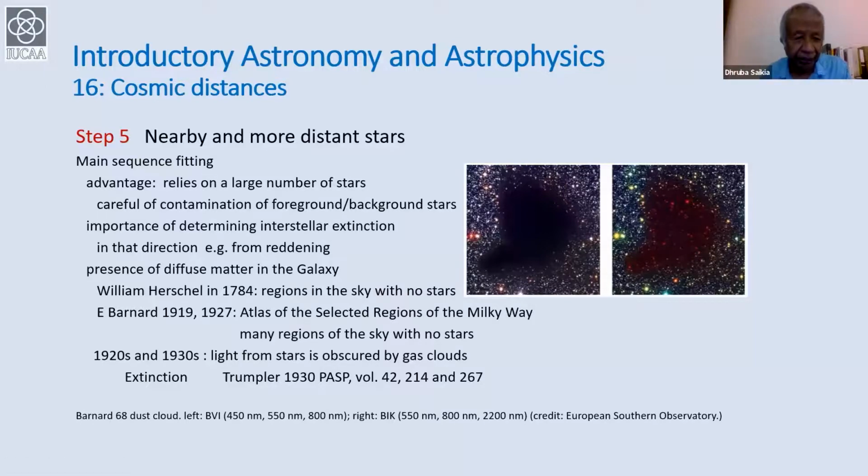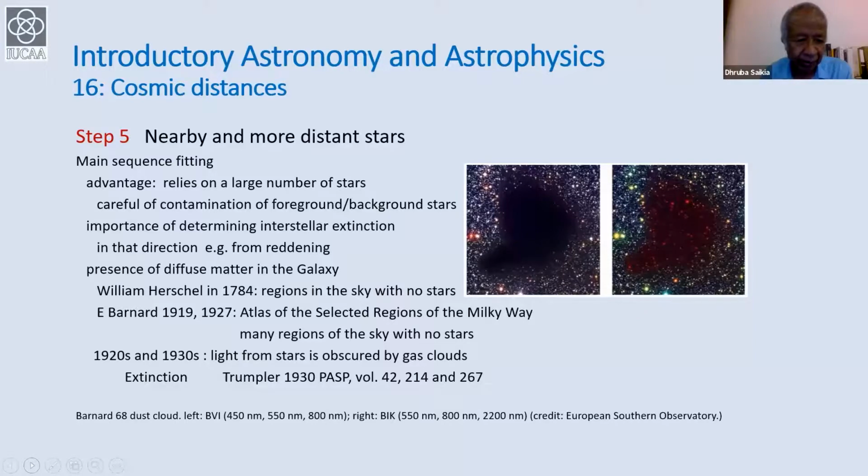In hindsight today, we know that William Herschel reported regions in the sky with no stars. Barnard in the early 20th century had catalogued selected regions of the Milky Way, many regions with no stars. Here is one of Barnard's objects. And Trumpler was really the one who worked extensively on trying to put this on a framework and understand the effects of extinction.